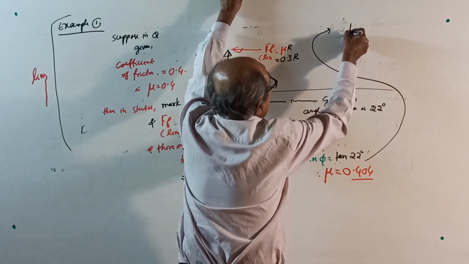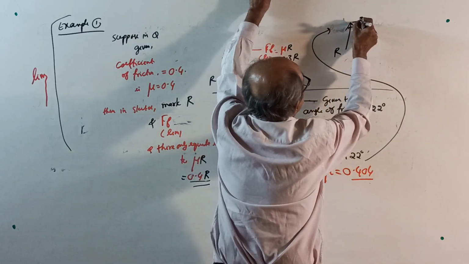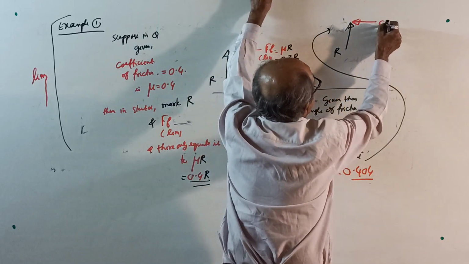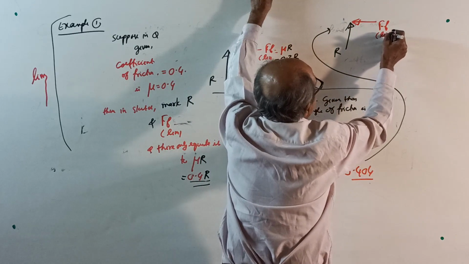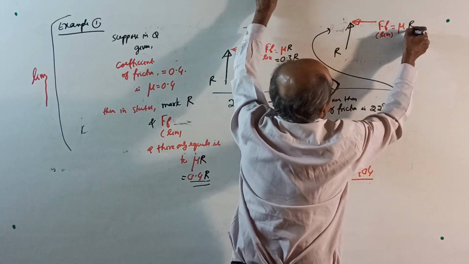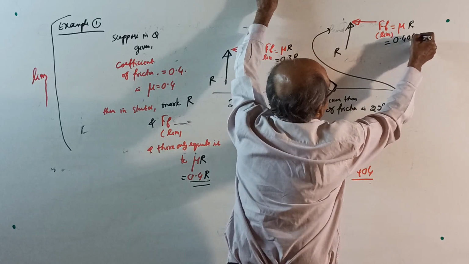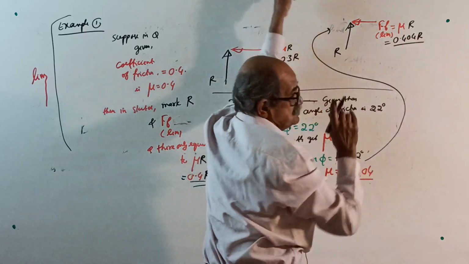Then mark normal reaction R, and where friction comes, F limit equal to mu into R, there you write 0.404 into R. This way we will solve the question.